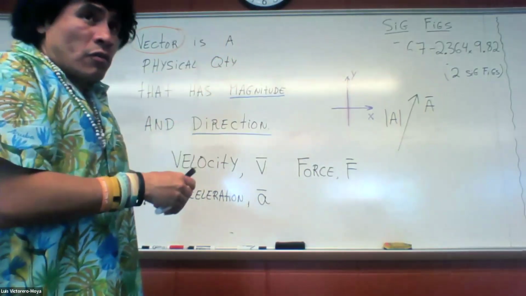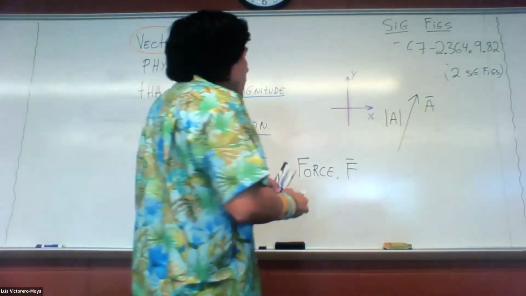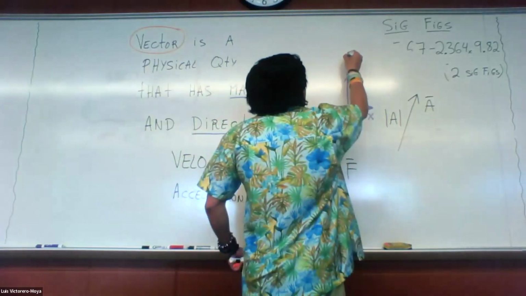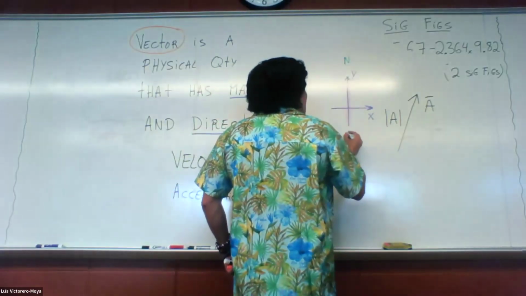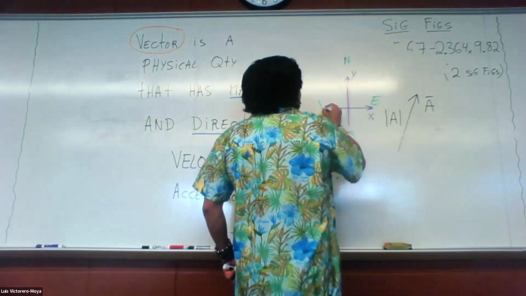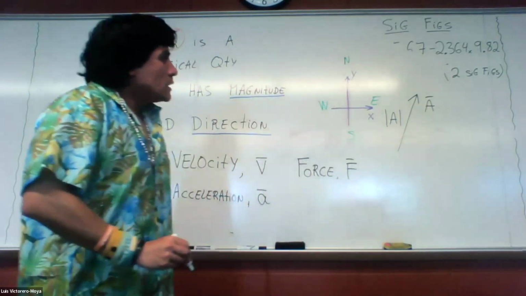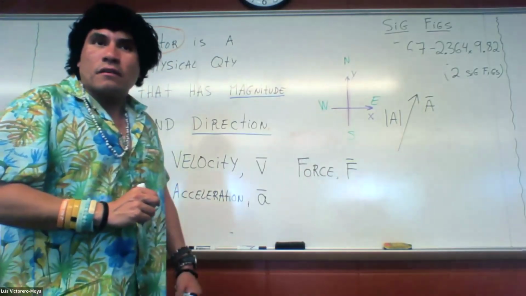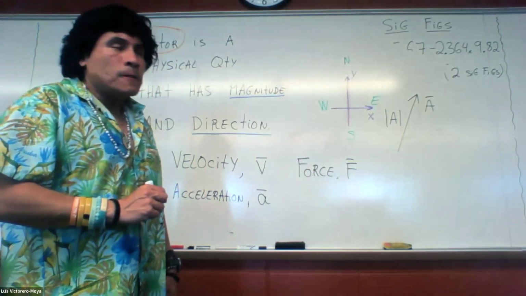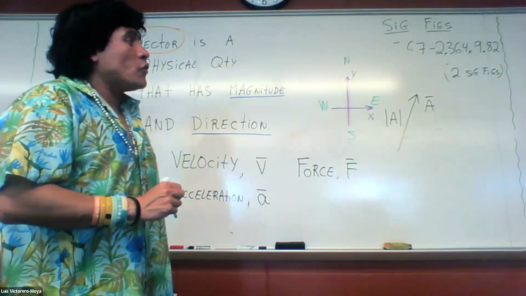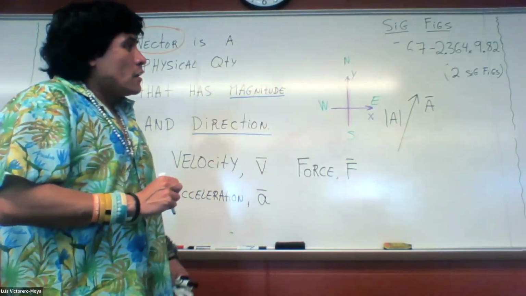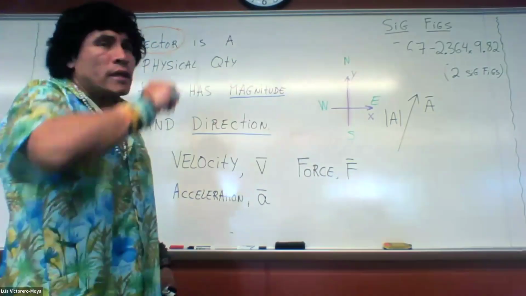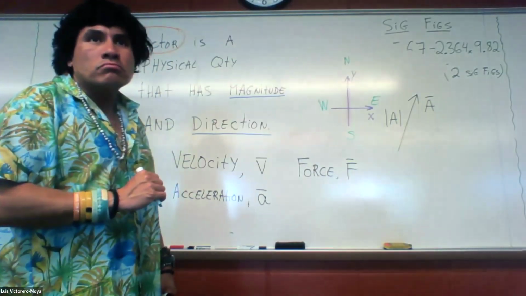So because of that, we can use this: north, south, east, west. So the direction of the vector A is on the northeast. Okay, so for example, if that was velocity, the velocity vector is on the northeast direction, right?